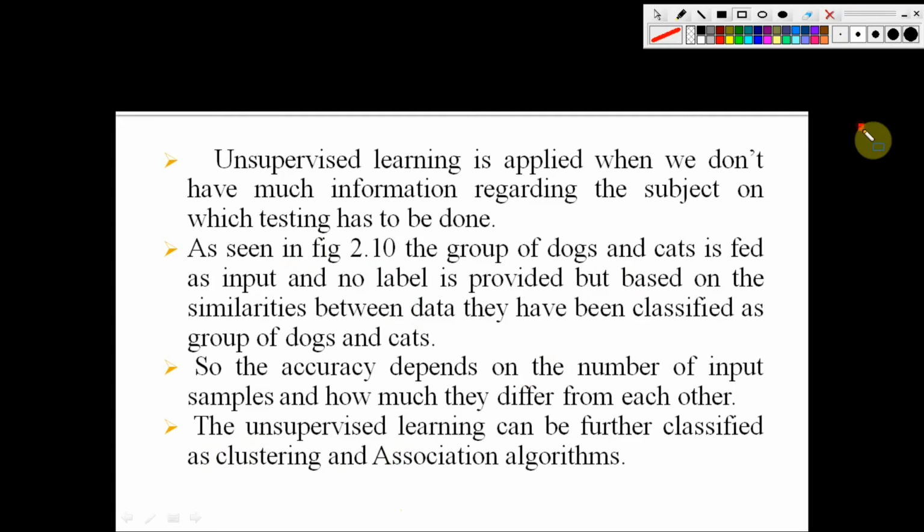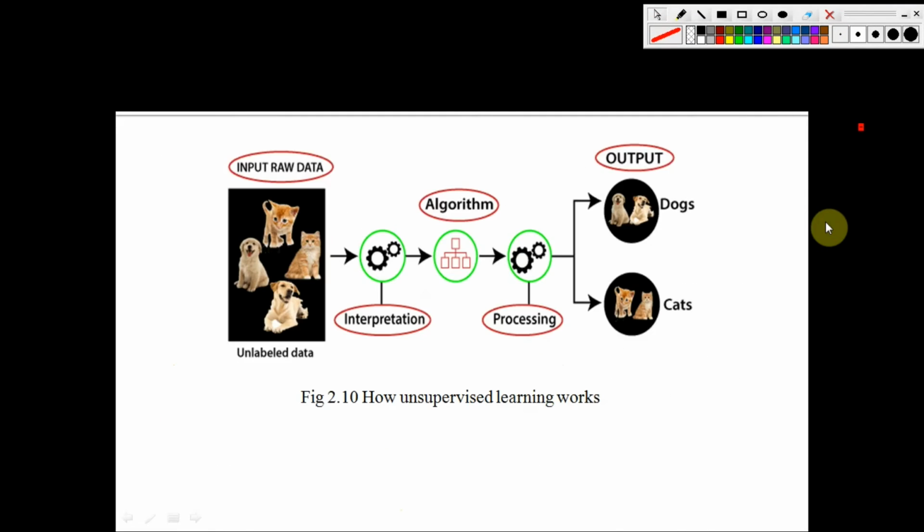Now let us move ahead and see the example. Here you can see the input raw data, where the data is unlabeled. We know it is a cat and it is a dog, but the algorithm doesn't know whether this is a cat or a dog. The raw data is given to the algorithm and processing will be done.